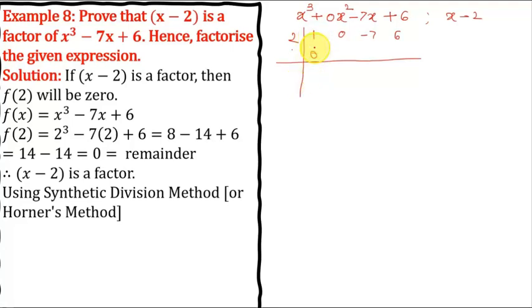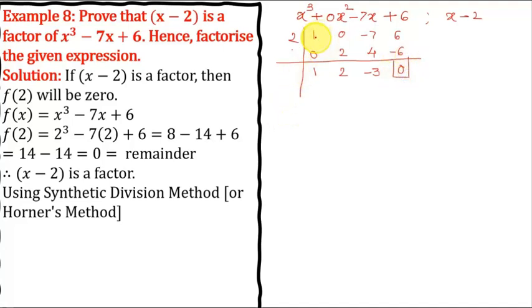Then 1 plus 0 is 1. 1 into 2, 2. Write 2 here. 0 plus 2 means what? You will get here 2. 2 into 2, 4. Then write that 4 here. Minus 7 plus 4. You will get here minus 3. Minus 3 into 2, minus 6. Plus 6 and minus 6, and that remainder is 0.